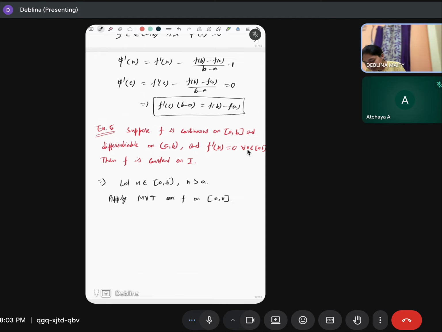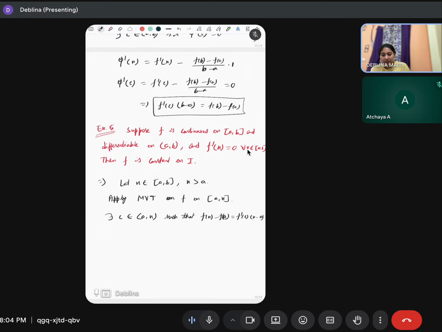So there exists a point c in between a and x such that f x minus f a equals f dash c into x minus a, by the mean value theorem.